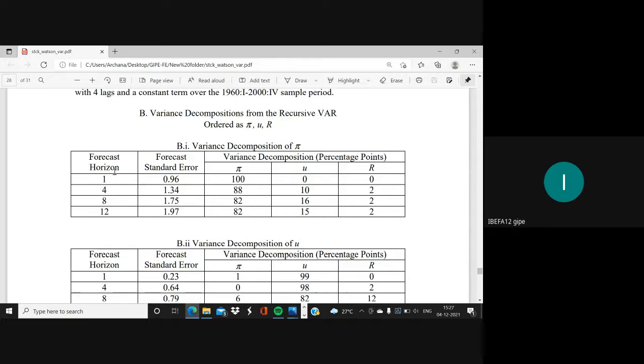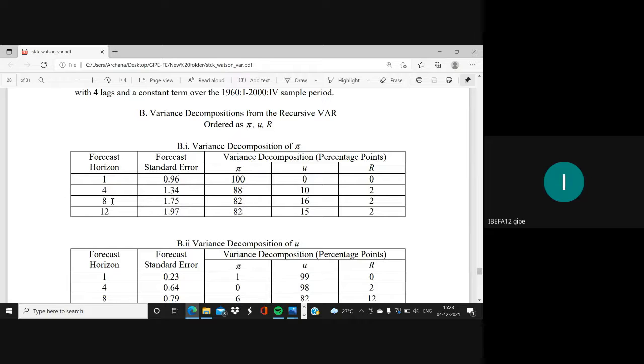Here you'll see that if you're forecasting only 1 quarter ahead, then 100% of the forecast error variance is explained by shocks to epsilon yt, or shocks to the inflation error term. Then if you forecast 4 quarters ahead, 88% of the forecast error variance is explained by shocks to the inflation variable itself.